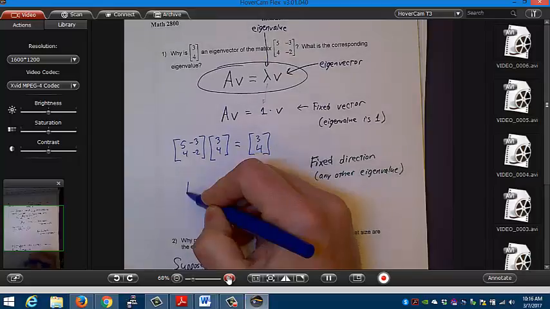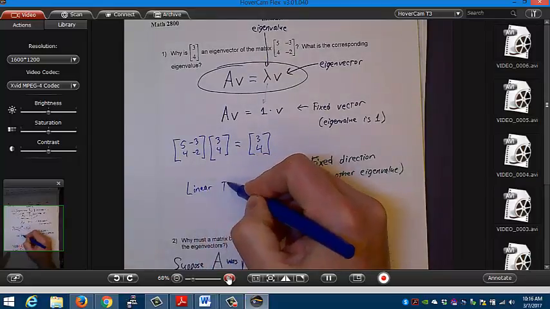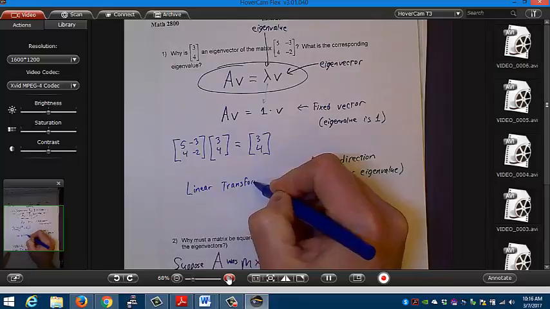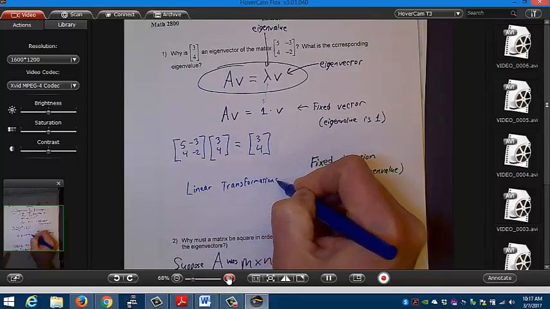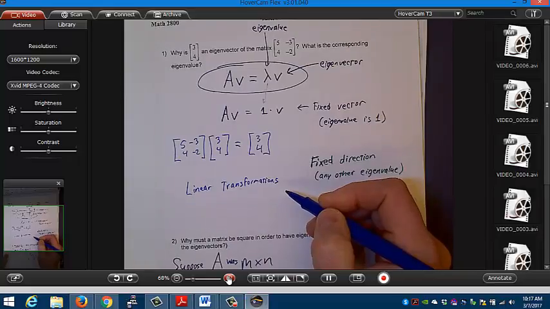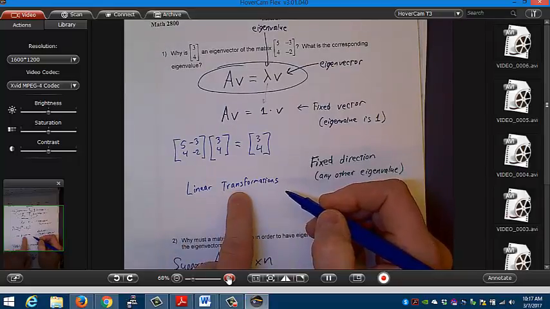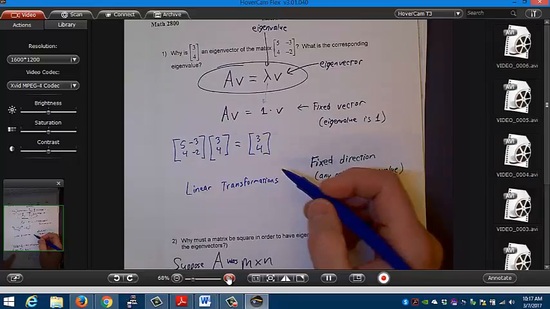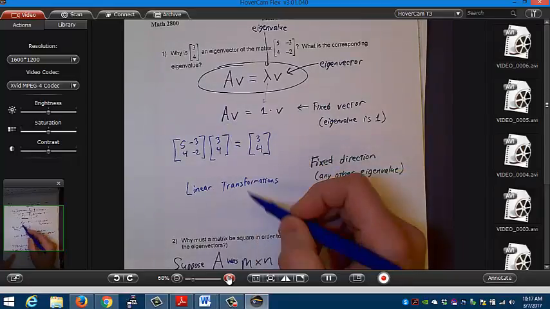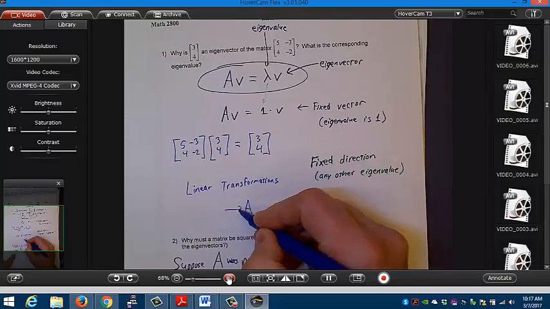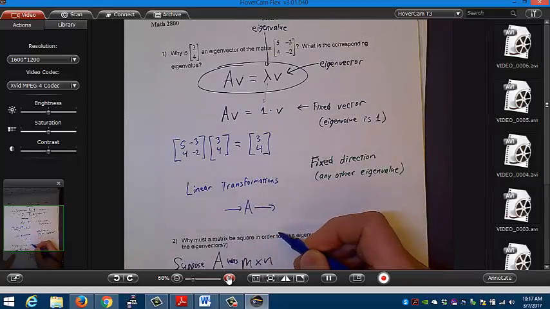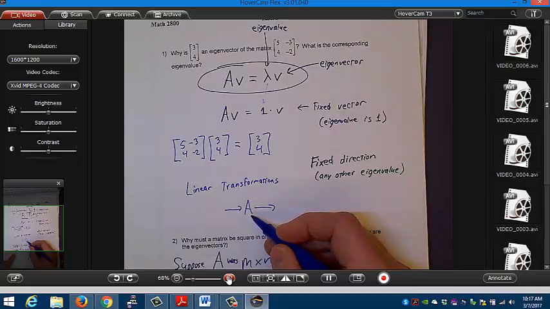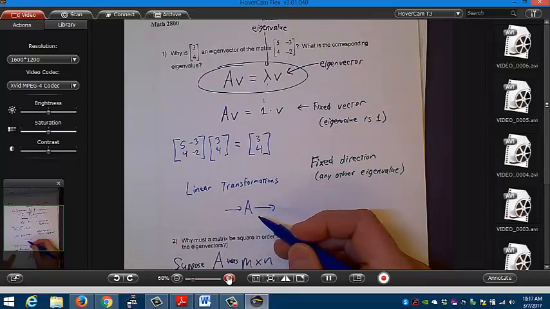Back when we studied linear transformations, we showed there's a one-to-one correspondence between linear transformations and matrices. In other words, if you have a matrix, so in this case I have a 2x2 matrix called A. A is actually a map from what to what? Yes, it's always from R^n to R^n.